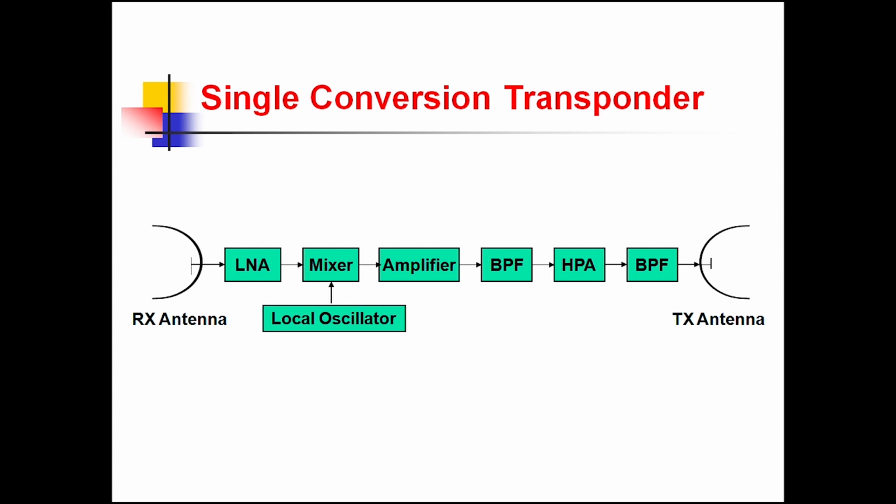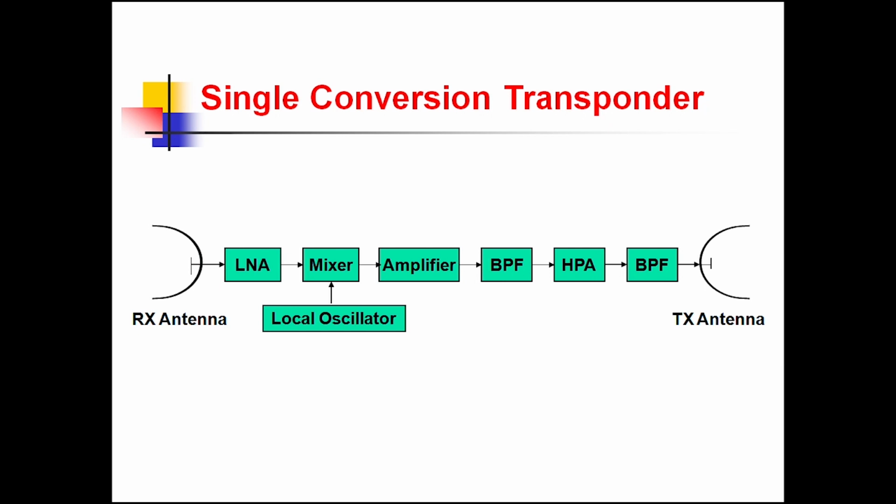Generally, we use a gallium arsenide FET in the LNA. After amplification, it is applied to the mixer where the locally generated signal is also combined. These are used to translate the uplink signal from 6 GHz to 4 GHz.